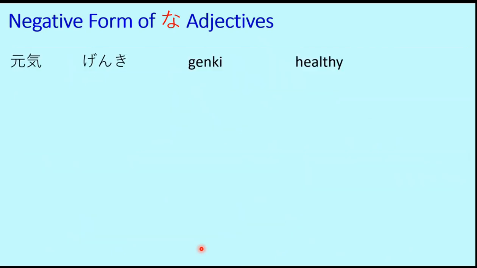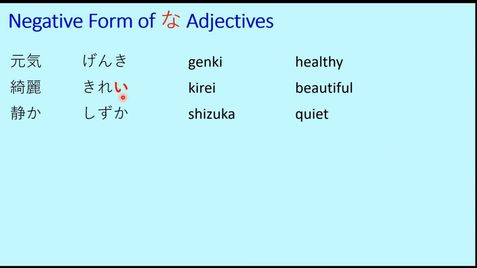Now let's look at some of the commonly used na adjectives. Genki, genki dewa arimasen or genki dewa nai. Kirei, beautiful. Kirei dewa arimasen, it's not beautiful. Although kirei ends in e, it is not an e adjective, but it's a na adjective. Shizuka, we have already seen.